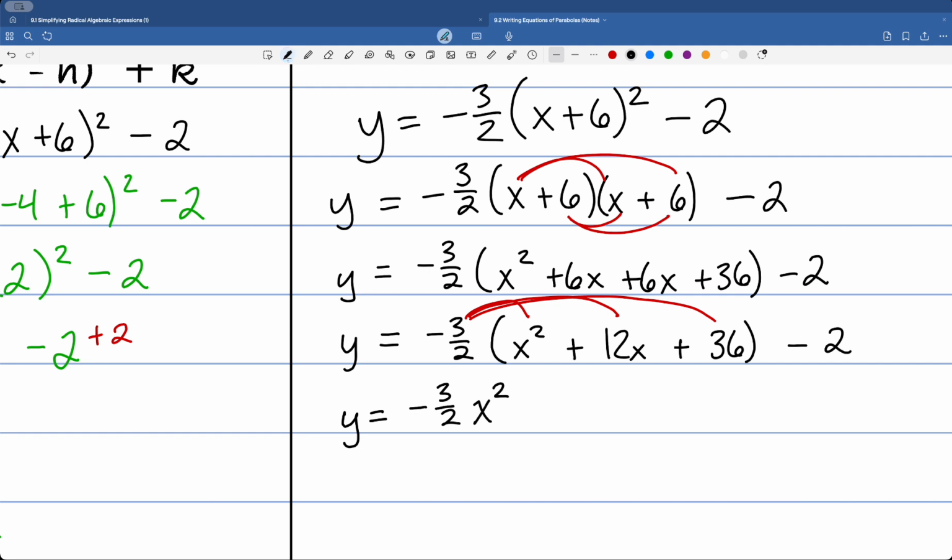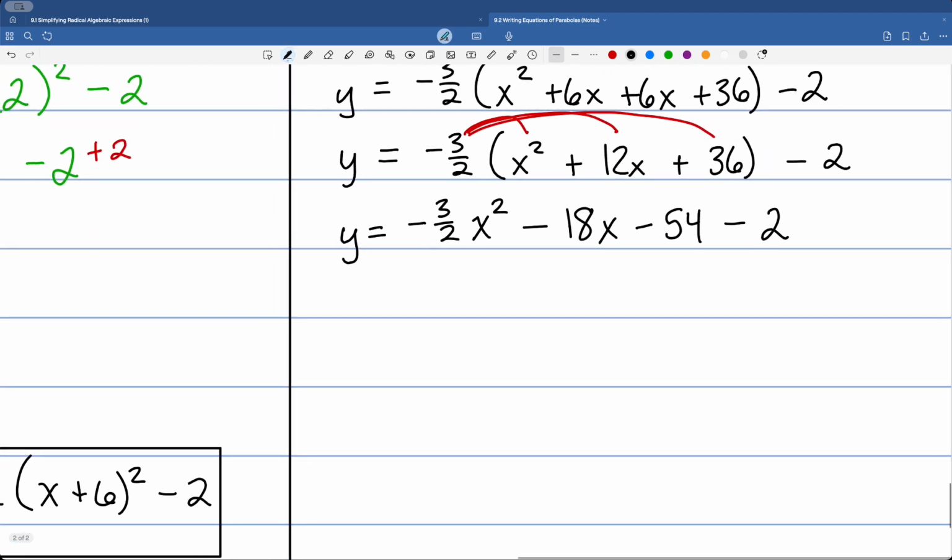-3 halves of 12. We just take half of 12 and then multiply it by 3. So it'll be minus, half of 12 is 6, times -3, that's minus 18. Keep your x. And then we're going to take half of 36, which is 18, multiply it by 3, so that's minus 54, minus 2.